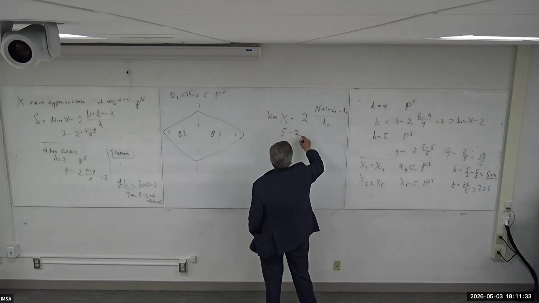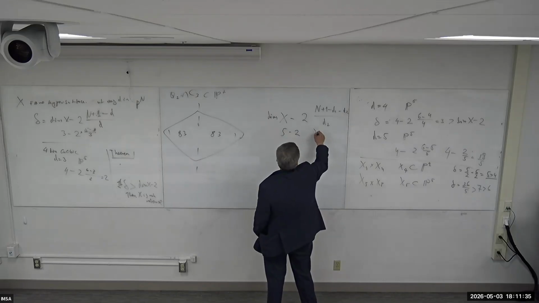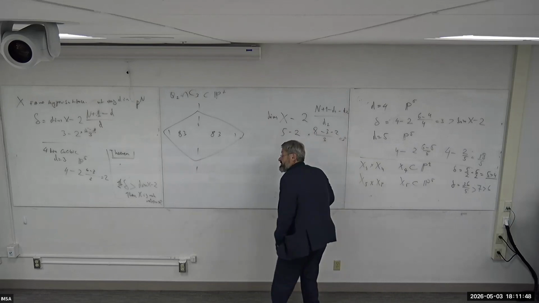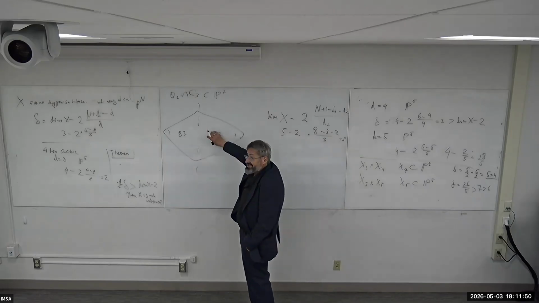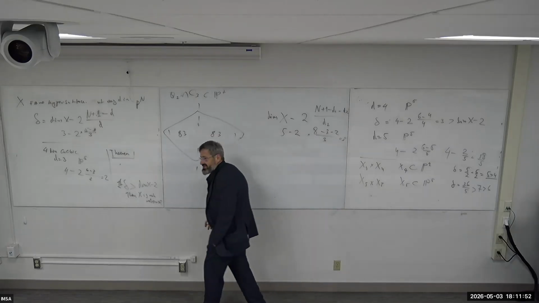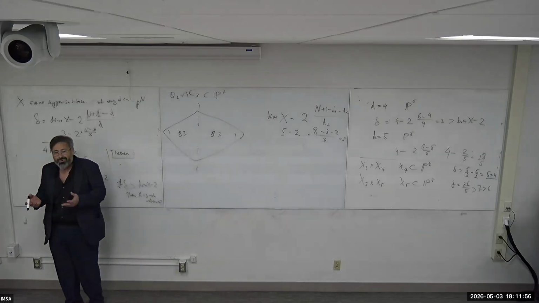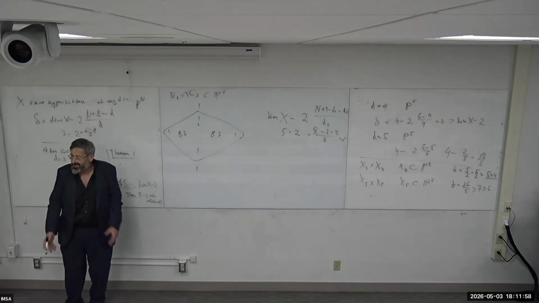So it's 5 minus 2, 8. So it's equal to 3, and that's precisely that it's actually Calabi-Yau. To get the technical dimension, it's a fractional Calabi-Yau always, but in this case, it's just an actual Calabi-Yau.